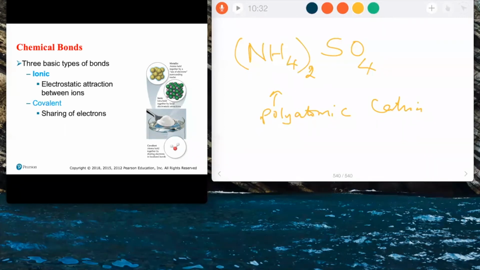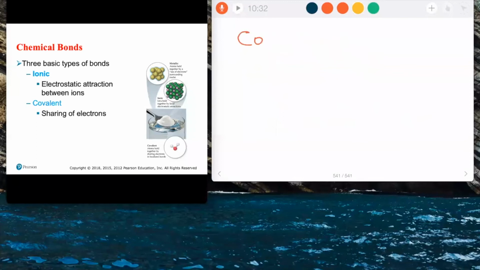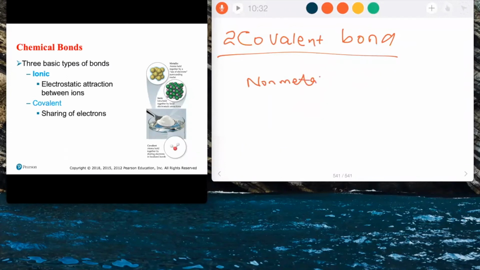Now, covalent bond, which is the second type of bond, is formed between non-metal plus non-metal. So by looking at the chemical formula, you should be able to tell that there is a covalent bond, because I know this is a non-metal, this is a non-metal.